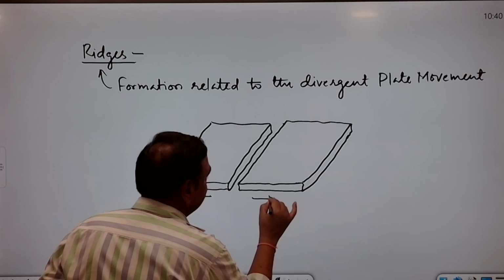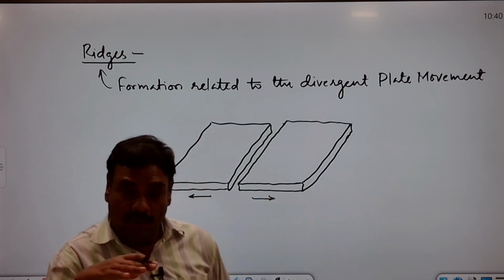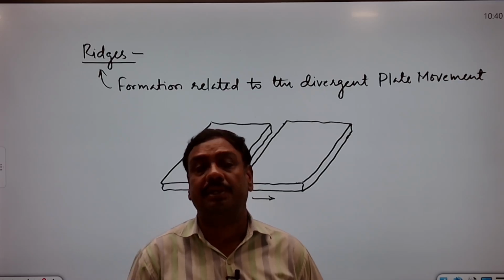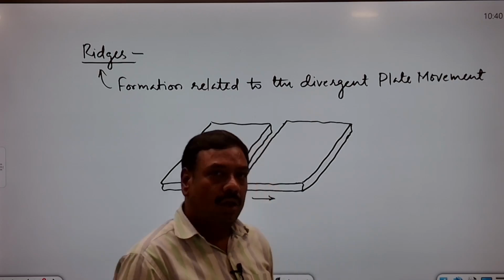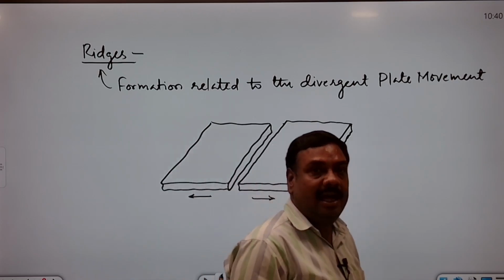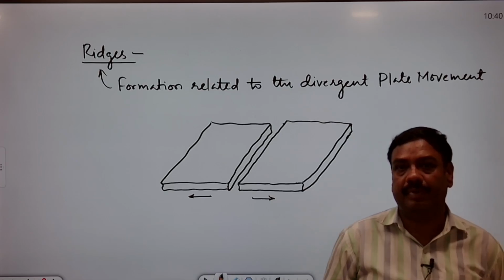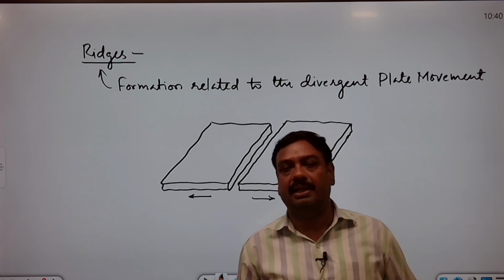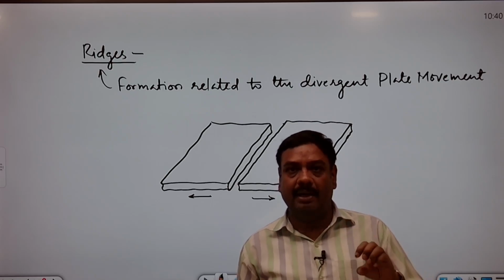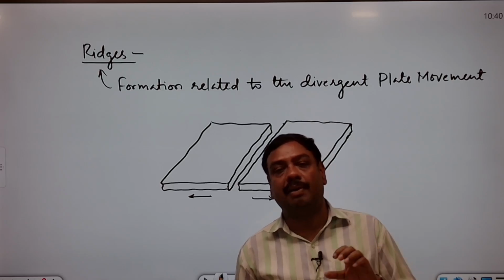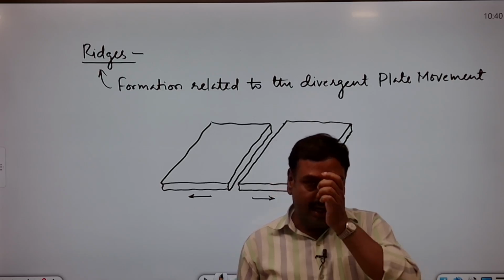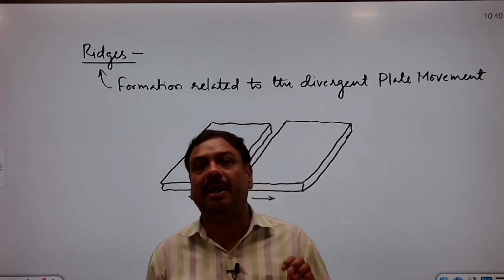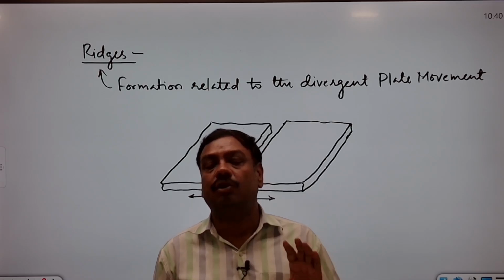Now if I ask you on which part the plates are moving, and what are plates? First of all, the question is, what are plates? So one can say that plates are slabs of lithosphere. The whole lithosphere, which is the uppermost solid mantle and the crust, combining both these parts of the Earth's upper layer, is defined as lithosphere.